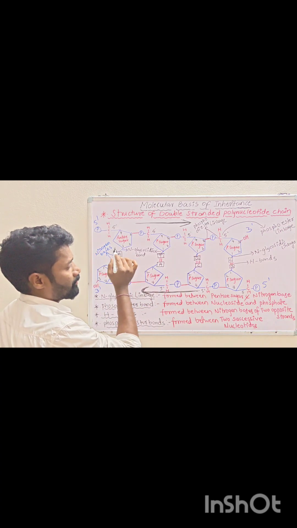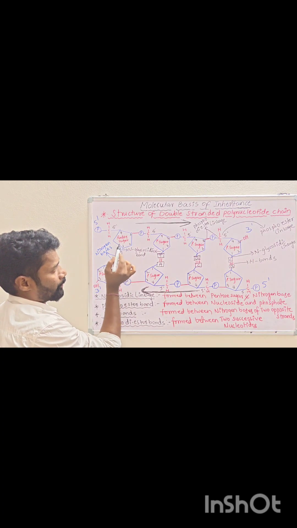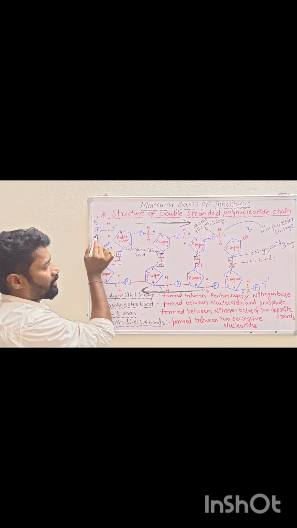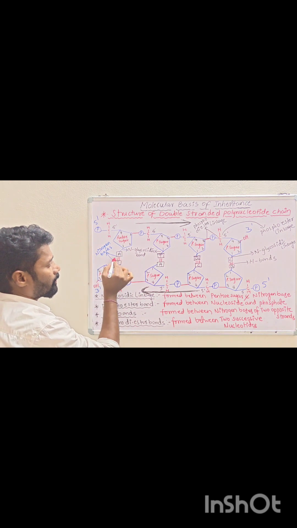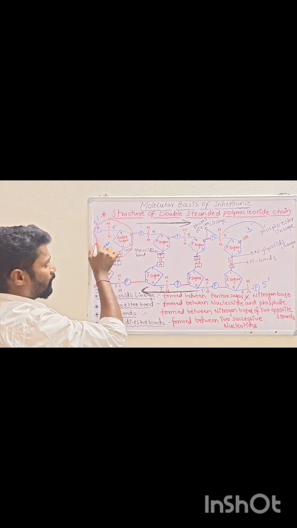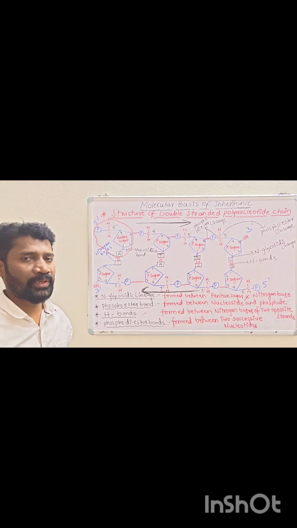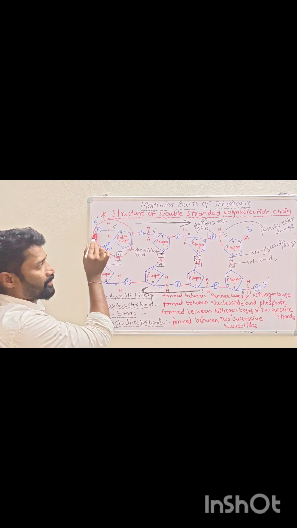See here. Suppose in this strand, this is one nucleotide. Suppose this is the pentose sugar, A means adenine, the nitrogen base, and P means phosphate. From here to here it is one nucleotide. We know that a nucleotide consists of pentose sugar, nitrogen base, and phosphate.